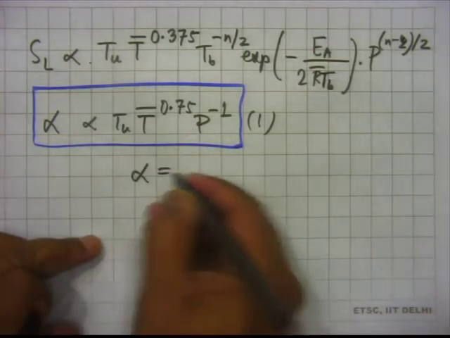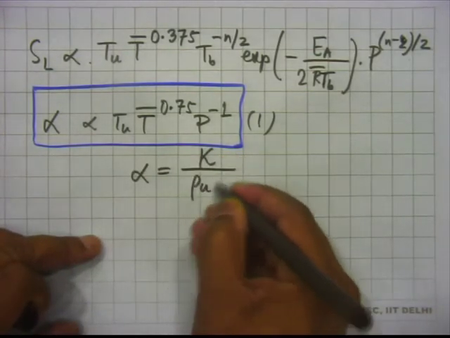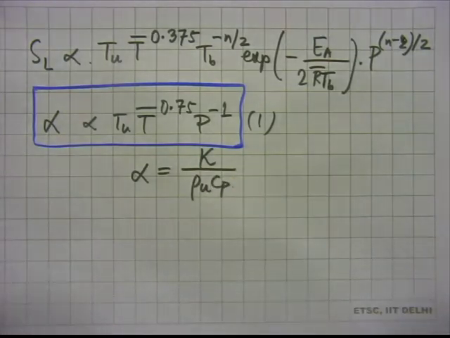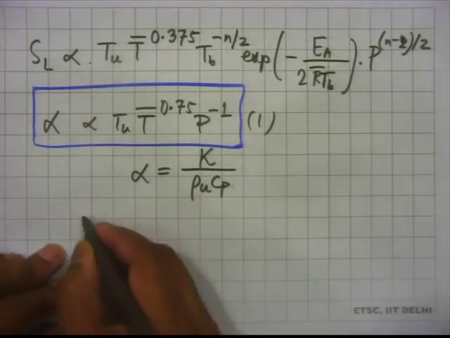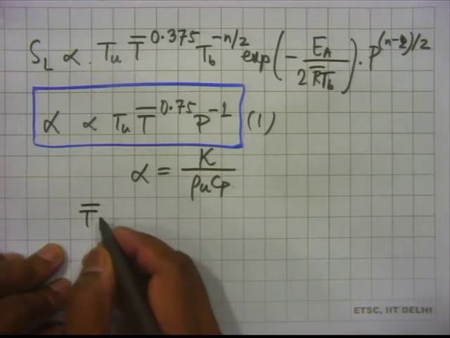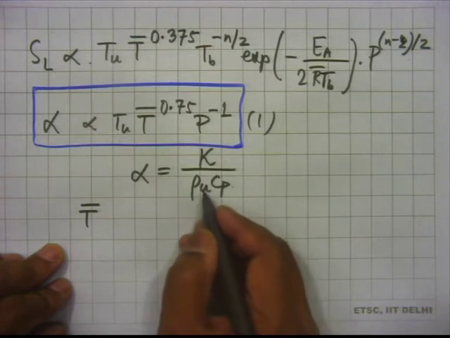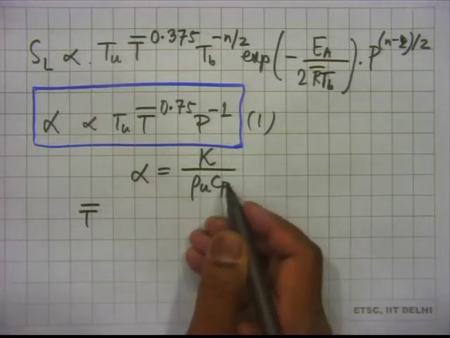Now, alpha is K by rho u Cp. And we are using K and Cp at some temperature T bar, some average temperature in the reaction zone, right? And for rho u, we are using Tu, as we discussed just a few minutes back.